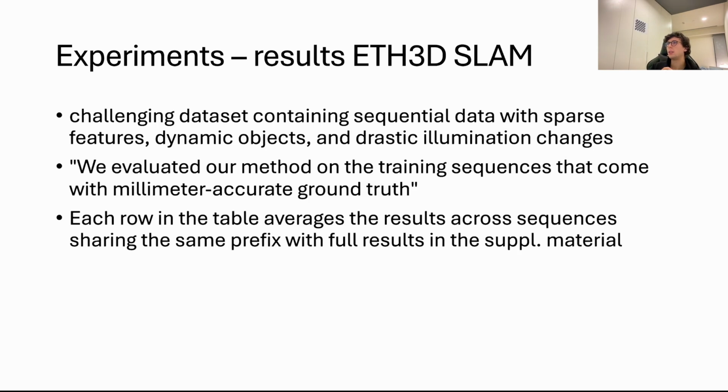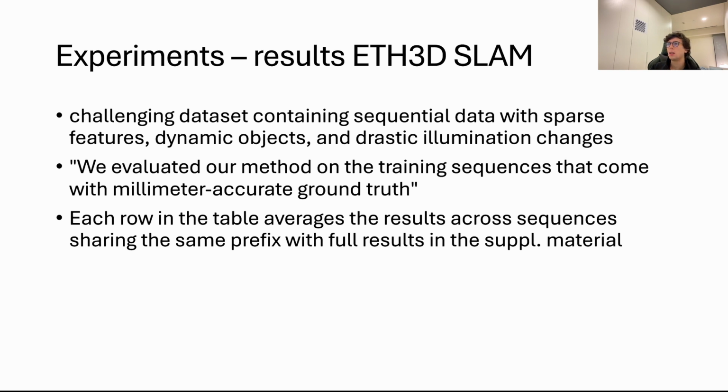As for the results, this is a very interesting part. So let's say they do their own experiment on ETH3D SLAM, where the dataset is quite challenging. It has sequential data, dynamic objects, and drastic illumination changes.